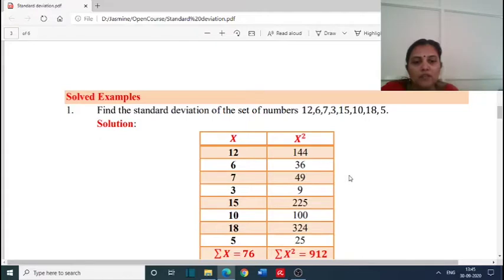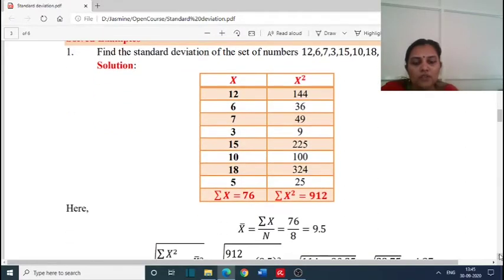So x square is 144, since 12 square is 144, 6 square is 36, 7 square is 49, 3 square is 9, 15 square is 225, 10 square is 100, 18 square is 324, 5 square is 25. So sigma x is equal to 76 and sigma x square is equal to 912.